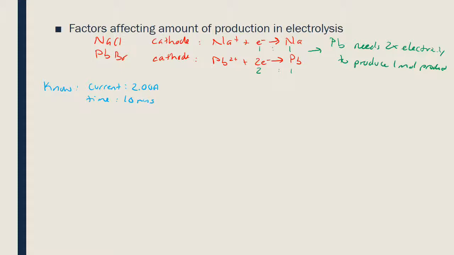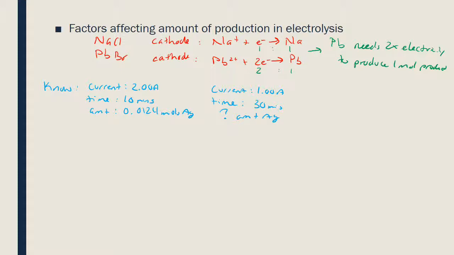We run this example of silver and get 0.0124 moles of silver formed. What if we run the current at 1 amp, but we decide to test time? Now we're going to run it for 30 minutes. What is the amount of silver produced?